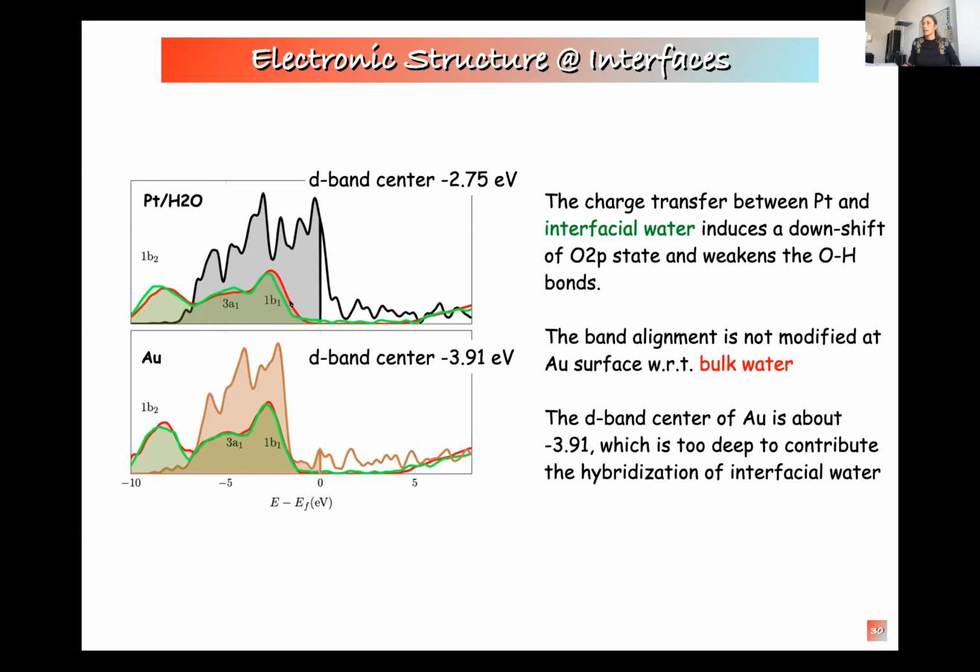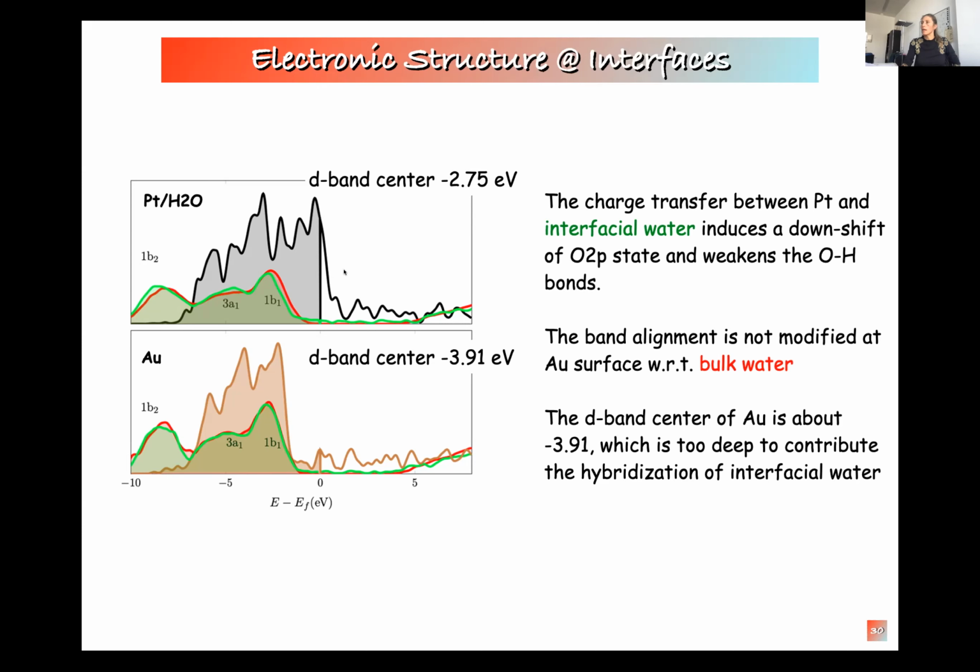That is how there is this hybridization between platinum and the co-adsorbed or adsorbed water, and it is not happening at the gold interface, so that is not activating the water at the gold interface.